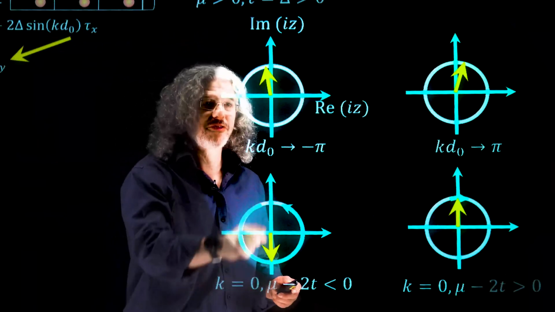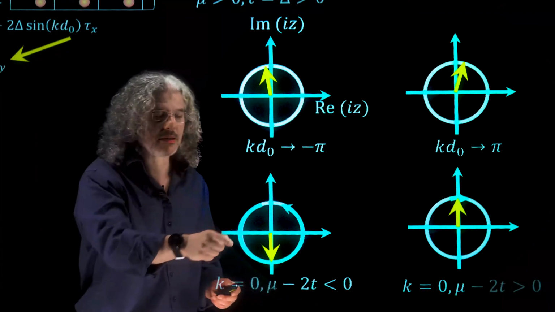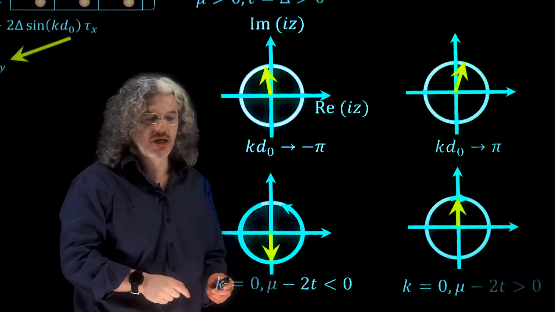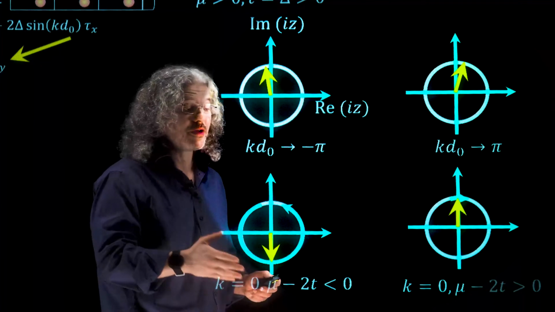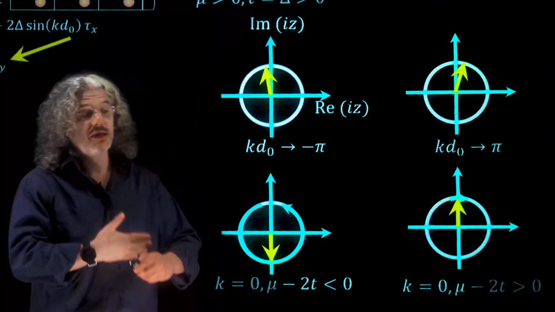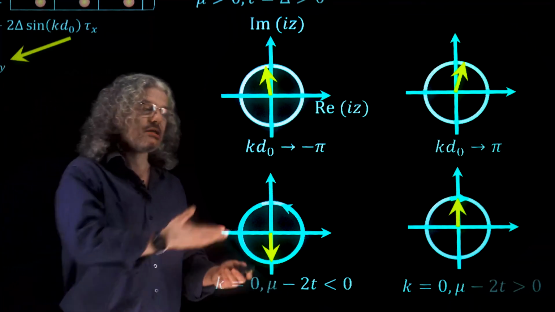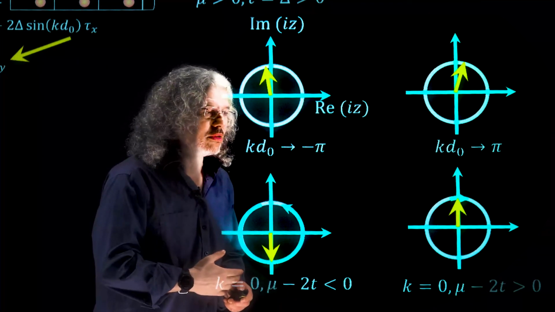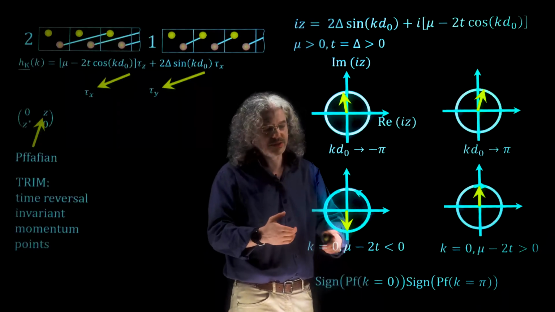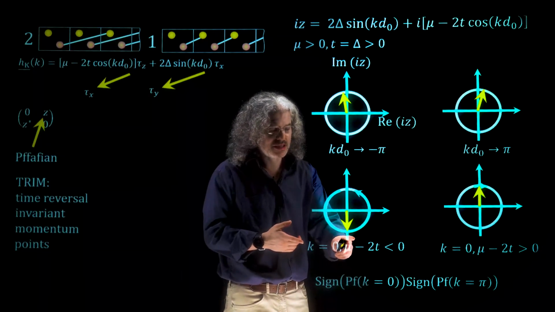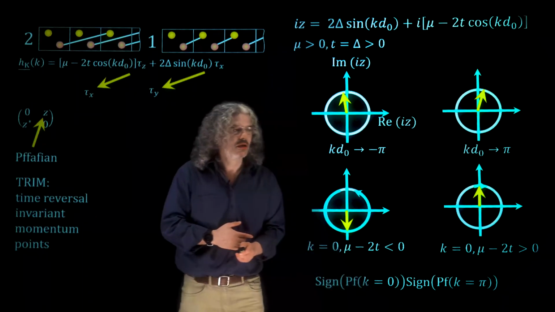So we calculate the Pfaffian at kd naught equal to pi, and at the other time reversal point at k equal to 0, and the multiplication of the signs of the two Pfaffians tells us if the winding number is 1, if it is topological, or it's 0, then it's non-topological. Now, this is the multiplication of the signs; the winding number is 0 or 1. The sign tells us if it's 0 or 1.